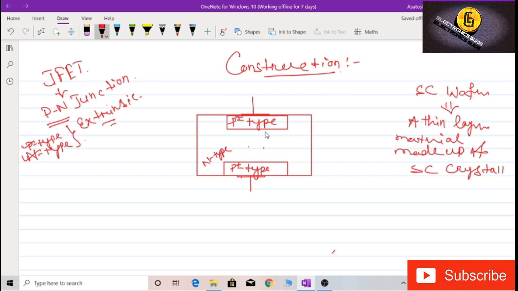These terminals are known as the gate terminal, G. Is it true that the JFET has two gate terminals? The answer is no, because these two gate terminals are internally shorted. That means they are internally connected to each other. Then a common single terminal is extracted, and this terminal is known as gate G.